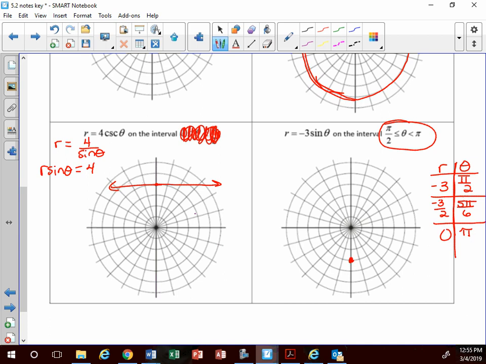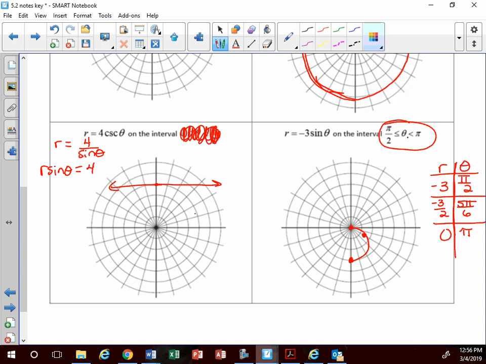Then I'll go -3/2 and travel 5 pi over 6, with that being here. And then the last one, 0 at pi, that's just at the pole, right? So do you guys see if we connect them in order, that's all we've done? Does that make sense?